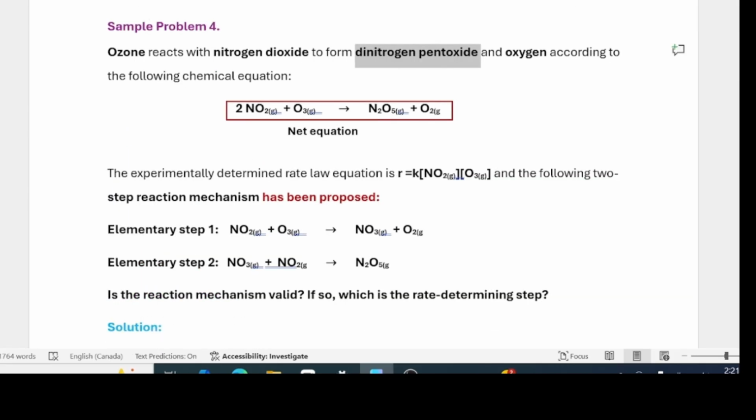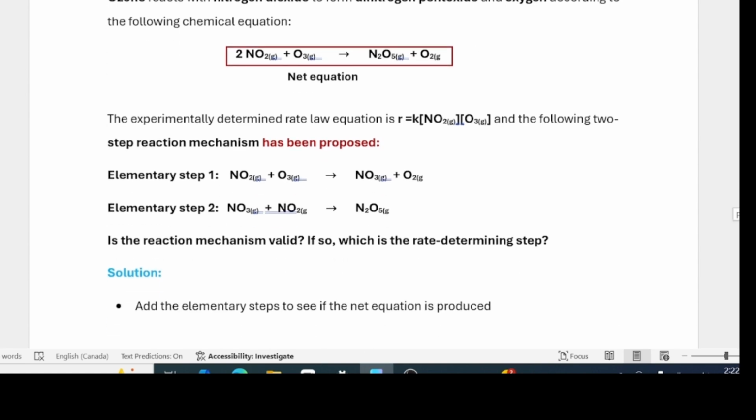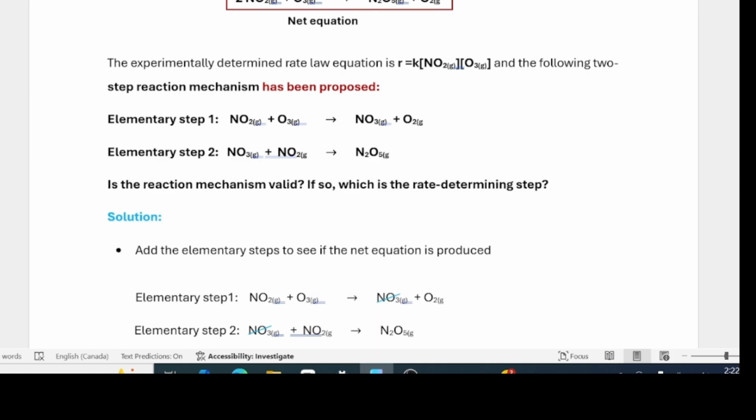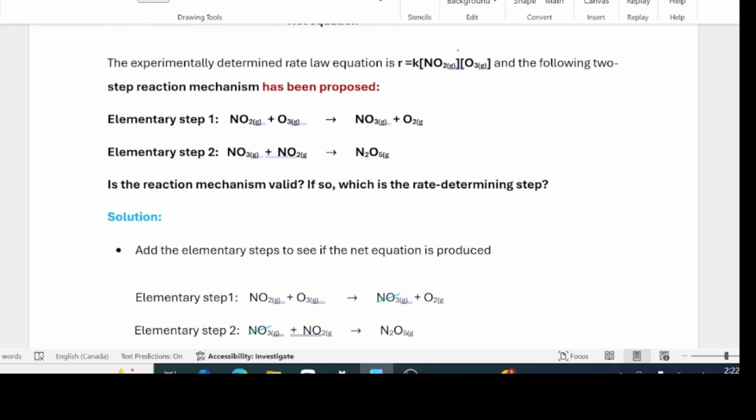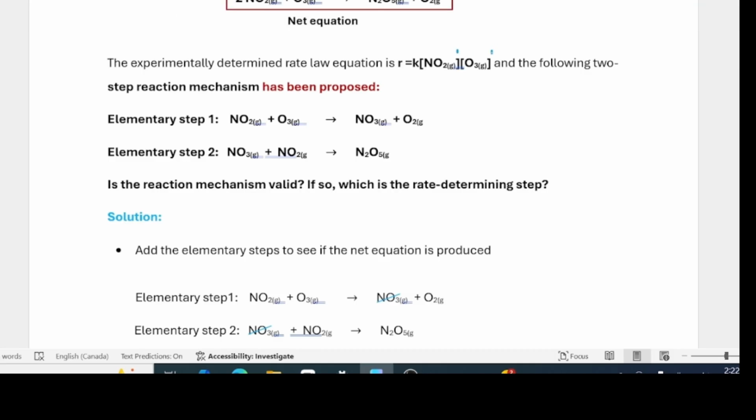Ozone reacts with nitrogen dioxide to form dinitrogen pentoxide and oxygen according to this equation here. So that is our net equation. You're given some more information here. The experimentally determined rate law is found to be this, so it has nitrogen dioxide to the exponent 1, ozone to the exponent 1.